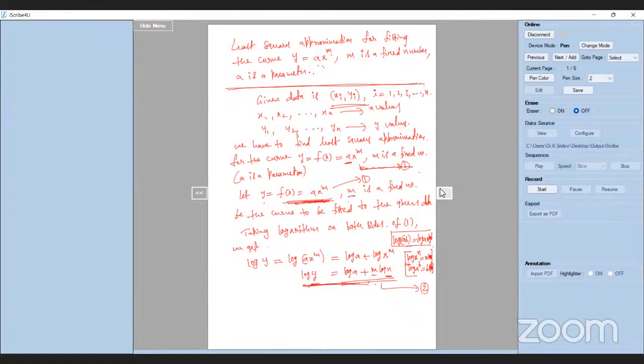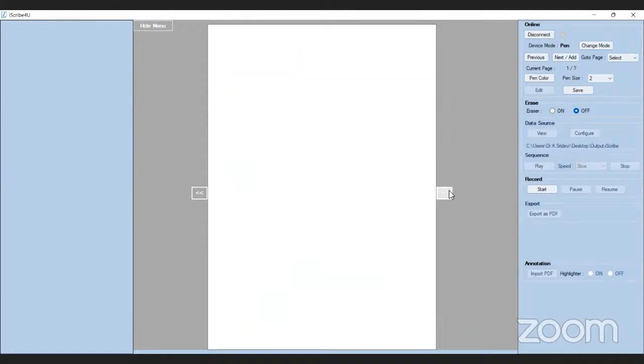Here, for getting that, I am choosing log y denoted by capital Y, log A denoted by capital A, and log x denoted by capital X. So now, if log y is equal to capital Y, log A is equal to capital A, log x is equal to capital X, then equation 2 becomes capital Y is equal to capital A plus m into capital X. Is it right?